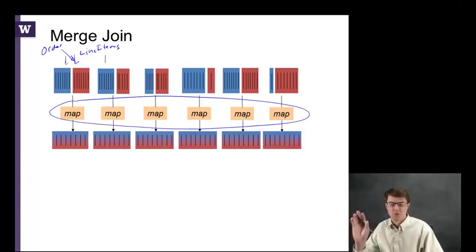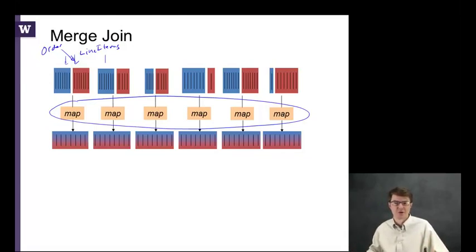So the question may be, when is that true? Well, that's when we go back to the cogroup operator. It's possible that you've already partitioned these two tables on the appropriate join key because of a previous command in Pig.